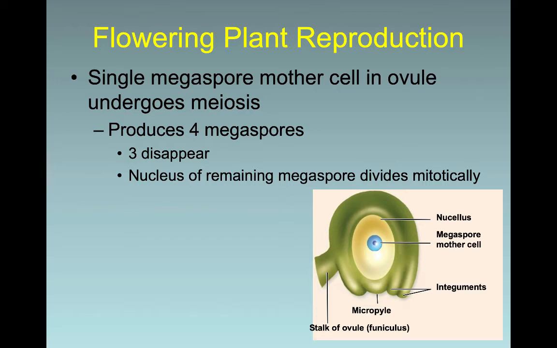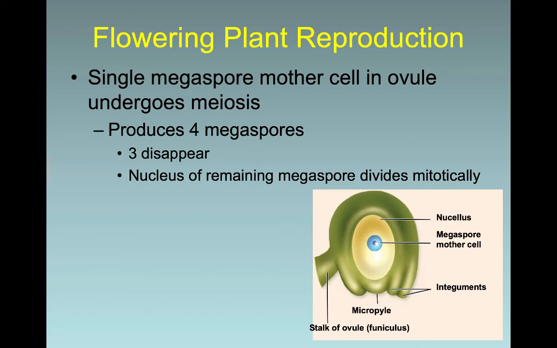Right, so 1 spore makes 2, 2 makes 4, 4 makes 8. 3 rounds of mitosis means all of a sudden that 1 remaining megaspore, which is haploid, is now going to produce a total of 7 cells with 8 nuclei, which even that by itself is a little bit confusing. Well, how can you get 8 nuclei in 7 cells? Well, one of the cells has 2 nuclei in it.